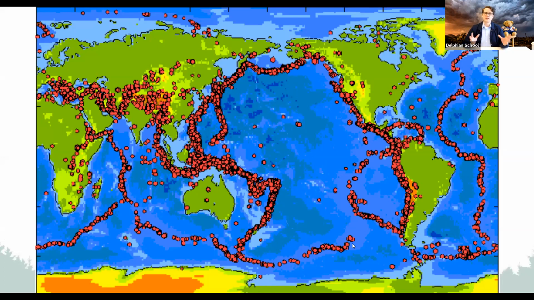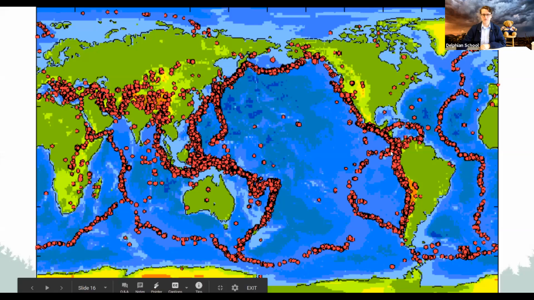This is where a lot of the volcanic activity in the world and a lot of the earthquakes in the world, not all of them, but a lot, will occur. And they call it the Ring of Fire. There's a chain of volcanoes all around here. And it's got a nice ring to it, Ring of Fire.